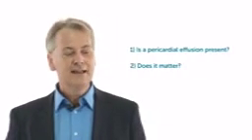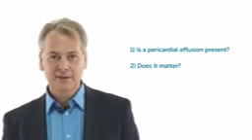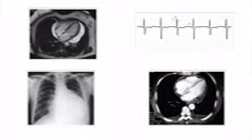In this chapter, I would like to answer two questions. The first, is a pericardial effusion present in the first place? And if yes, does it really matter? Okay, are you ready for the first question? Well, one can make the diagnosis of pericardial effusion with other imaging modalities as well. We could, for example, use MRI, a chest X-ray, CT, or even the ECG, where one can see variations in the amplitude of the QRS complex, which is what we call so-called QRS complex alternans.